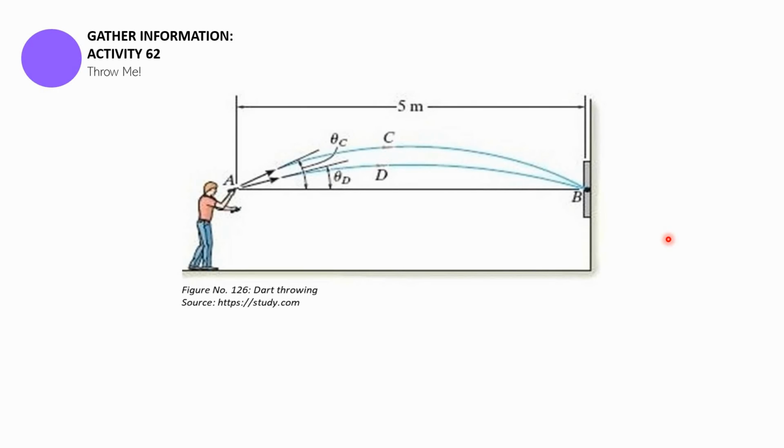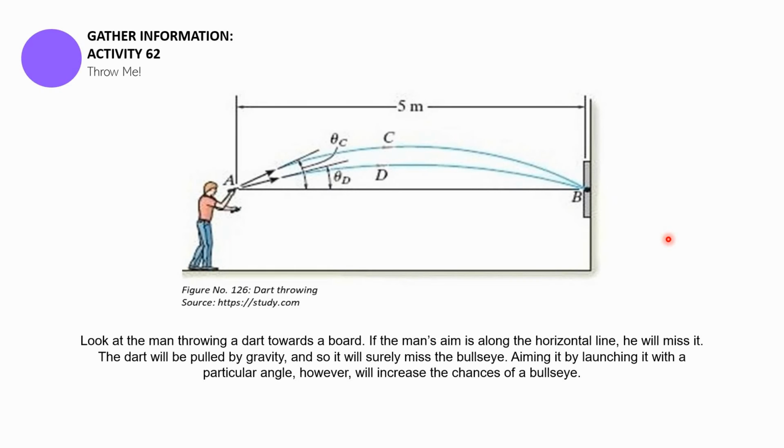The same thing is observable when someone throws darts towards a dartboard. If you look at the man throwing a dart towards a board, if the man's aim is along the horizontal line, he will surely be missing it.